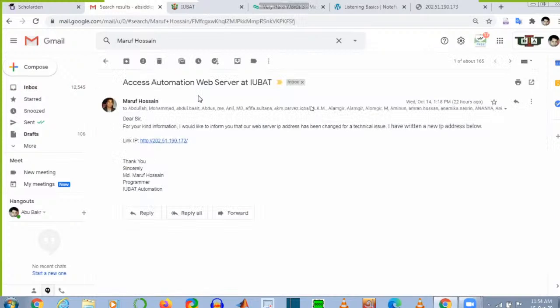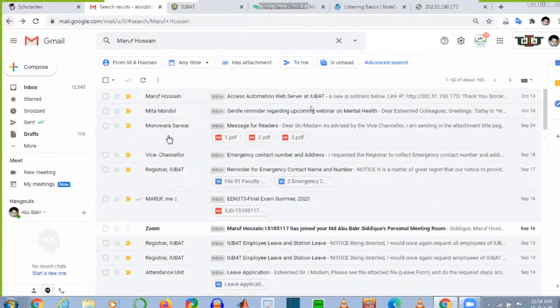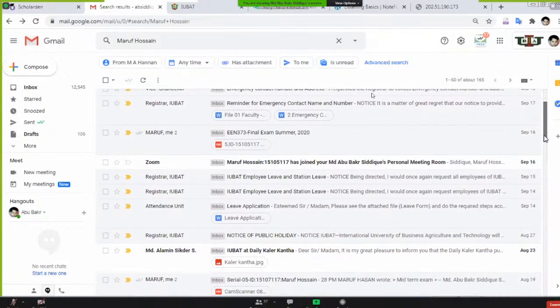Address to automation server. Oh, this is the same mail. New application.